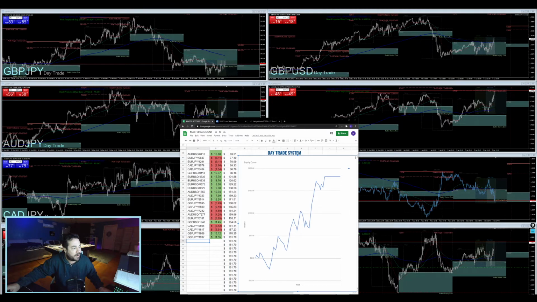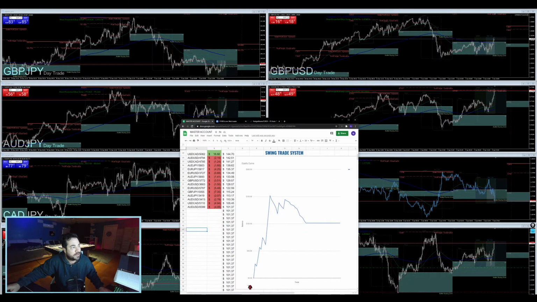It's just that I don't have as much data on this swing chart here. Eventually, this drawdown is going to look like the up. Something like this.